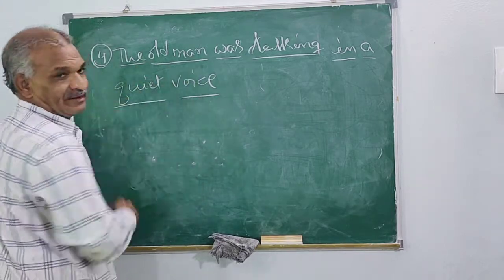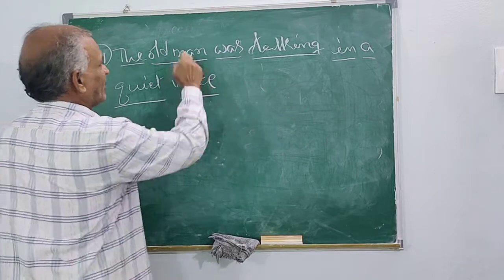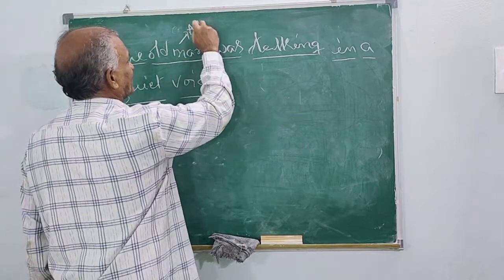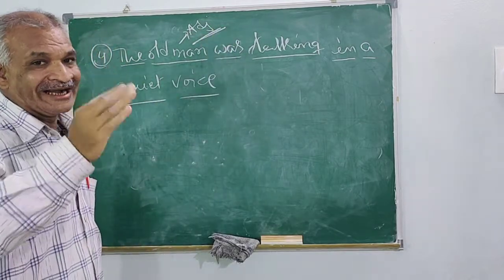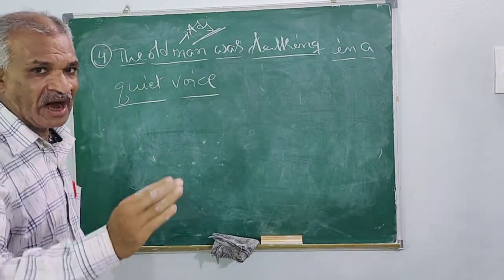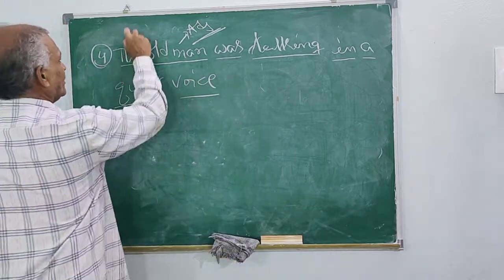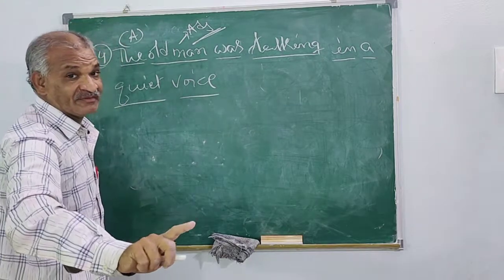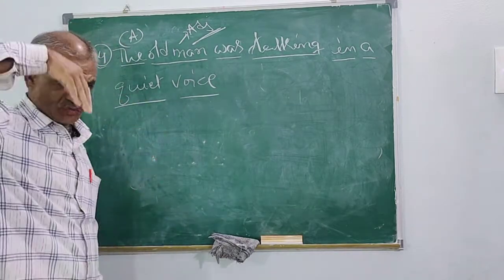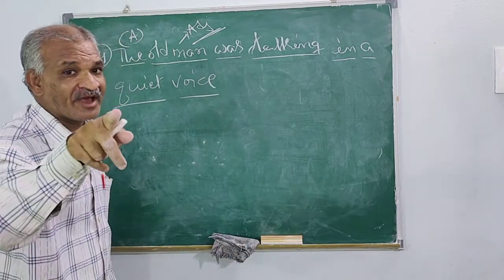The old man: if I underline here, your answer must be old man, adjective. But if you divide each and every part, then your answer must be article. Again, if I go into very deep discussion, which type of article, you may have a doubt?